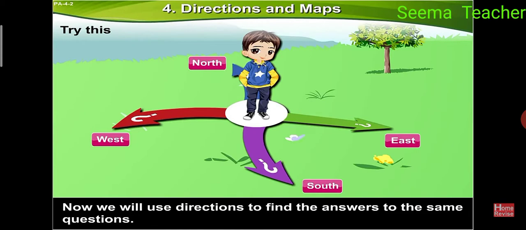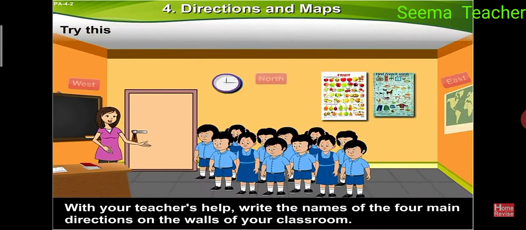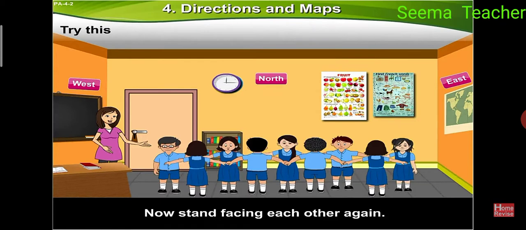Now we will use direction to find the answer to the same question. With your teacher's help, write the names of the 4 main directions on the walls of your classroom. Now stand facing each other again.